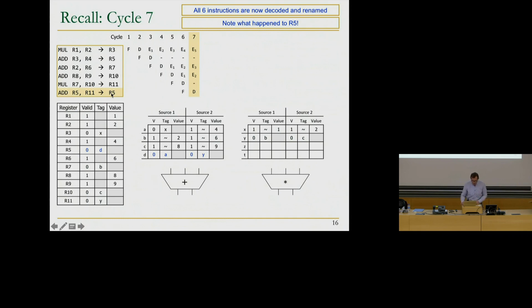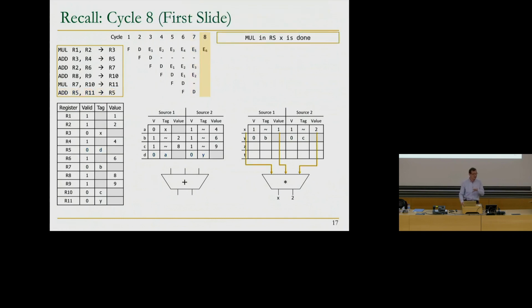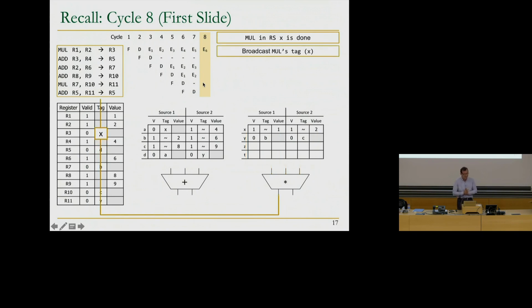Okay, so cycle 8 was the interesting cycle. This is where we ended. This was really the interesting cycle where this instruction finished execution, as you can see over here, and also some other instruction finished execution. Let's take a look at this instruction. When this instruction finishes execution, after 6 cycles, it broadcasts its tag, X. This will hopefully animate.